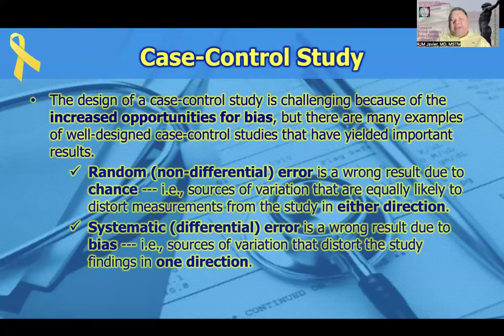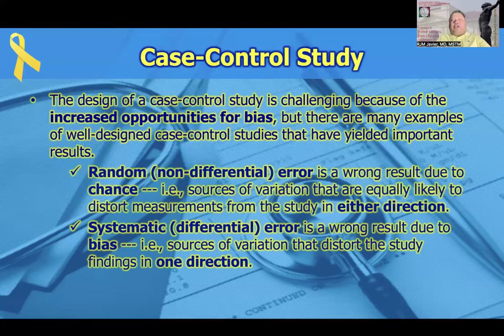So that's the difference between your random error due to chance and your systematic error due to bias. Random error can move the direction of relationship in either direction, but your systematic error only moves the direction of relationship towards one side only.